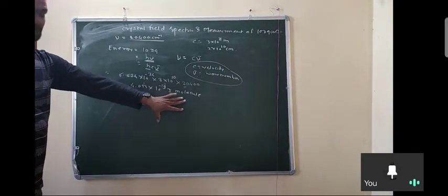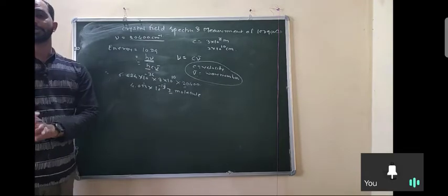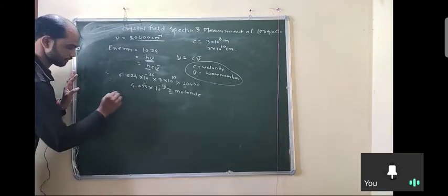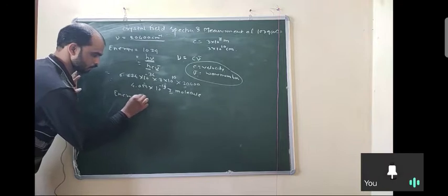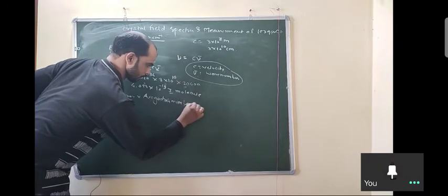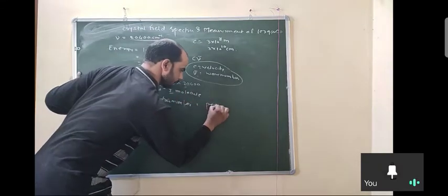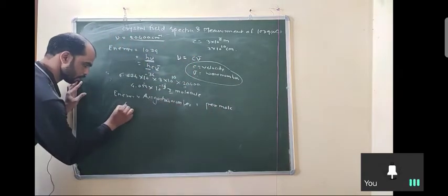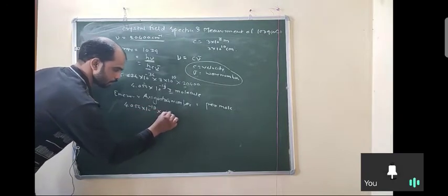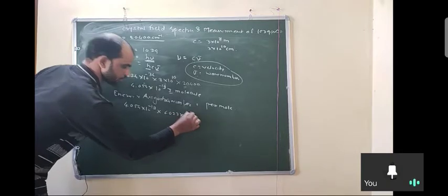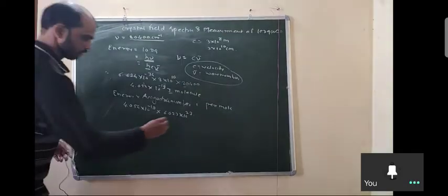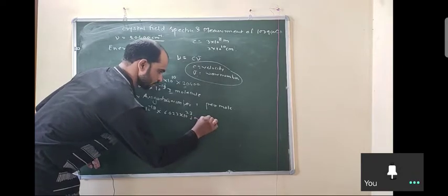You know the total energy for 1 mole is equal to the energy multiplied by Avogadro's number, which is 6.023 into 10 raised to 23. So the energy is converted into per mole: 4.054 into 10 raised to minus 19 into 6.023 into 10 raised to 23. It is joule per mole.